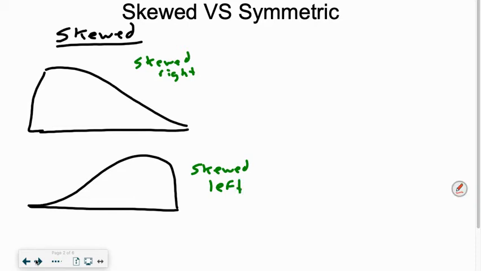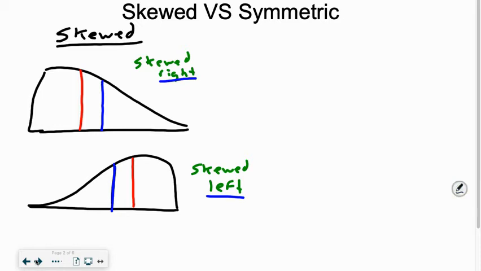The mean, actually the median in those is probably about there and there. So red represents the median. Now in a skewed right data set, the mean is going to be to the right of the median. In a skewed left data set, the mean will be to the left of the median.